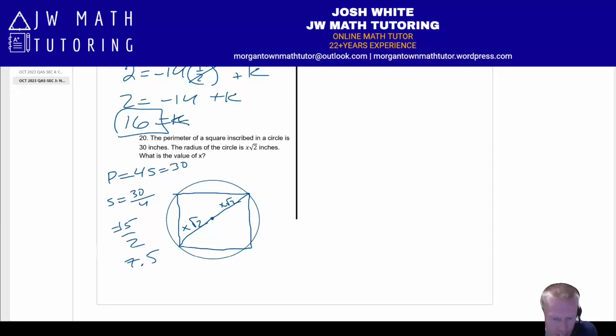Now, for this diagonal of the square, it's x root 2 plus x root 2. So if you add those together, it's technically 2x root 2. Okay? Now, so what basically ends up happening is, we know this, I'm going to use the fraction rather than decimal. We know this is 15 over 2.